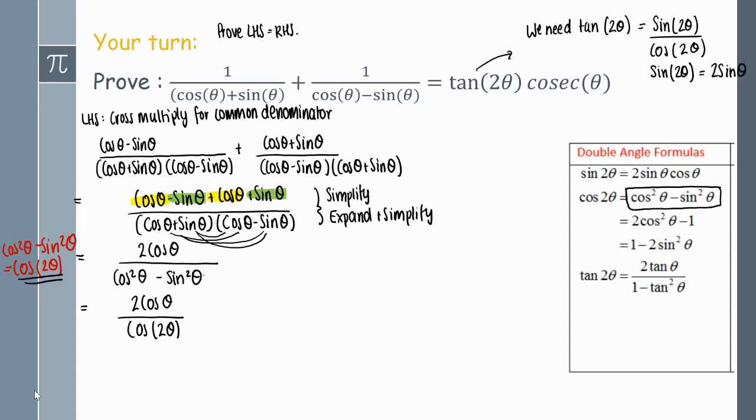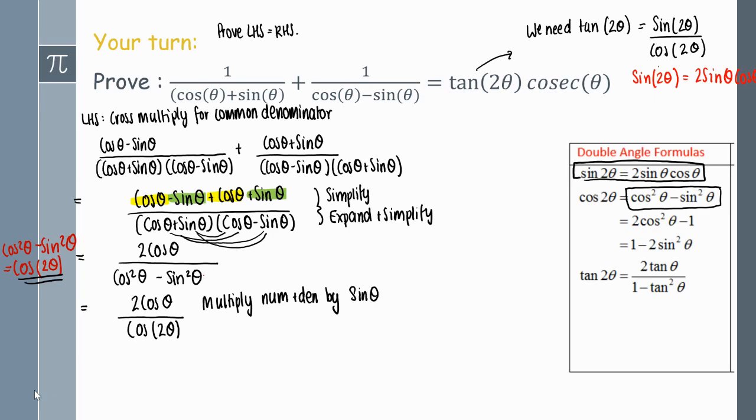So if I can make my numerator look like sine 2 theta, or look like 2 sine theta cos theta from my double angle formula, I can end up with a tan 2 theta. So let's use part 1 of our double angle formula. I'm going to multiply both the numerator and the denominator by sine theta to get the top to be something that is sine 2 theta.